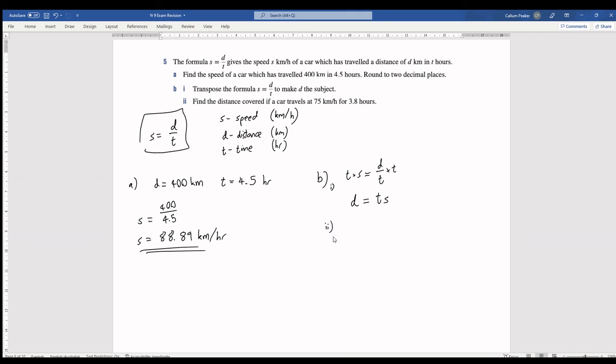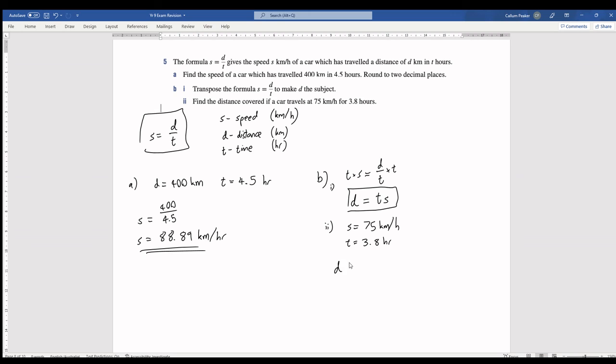Part 2, we want to find the distance covered if a car travels at 75 kilometers per hour for 3.8 hours. So that's s is equal to 75 kilometers per hour. I know that's speed. And we know that t is 3.8 hours. That's time. And I can just use this equation from up here to solve.